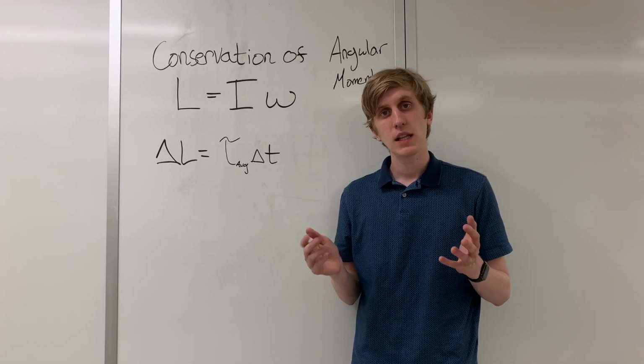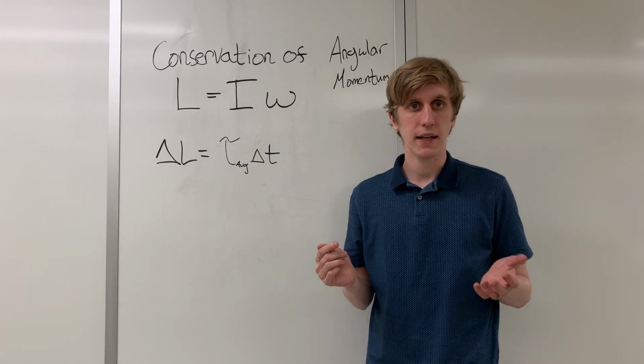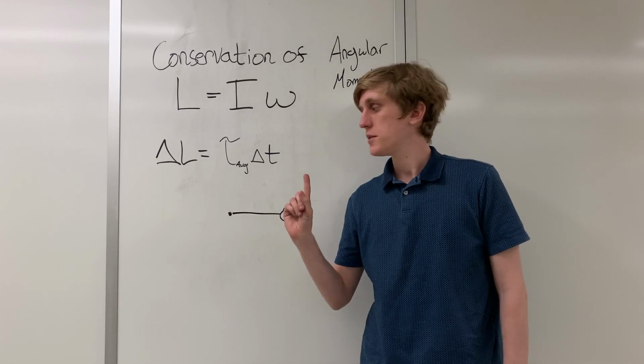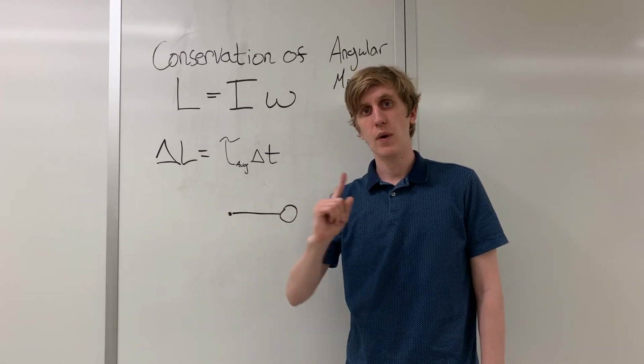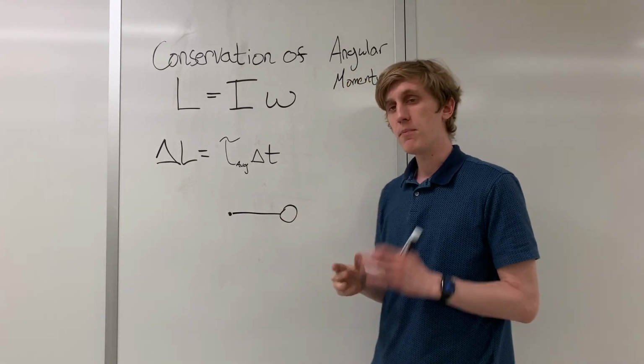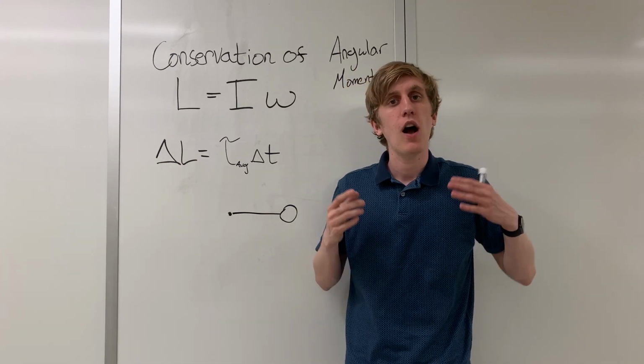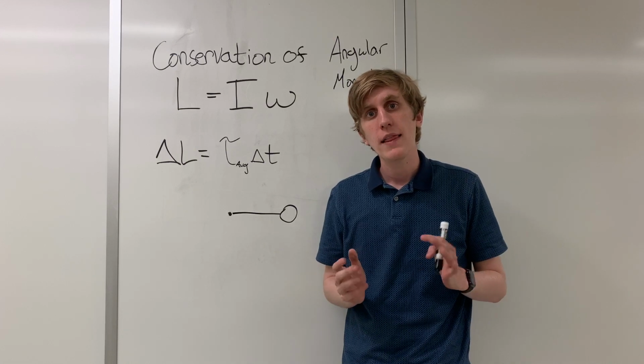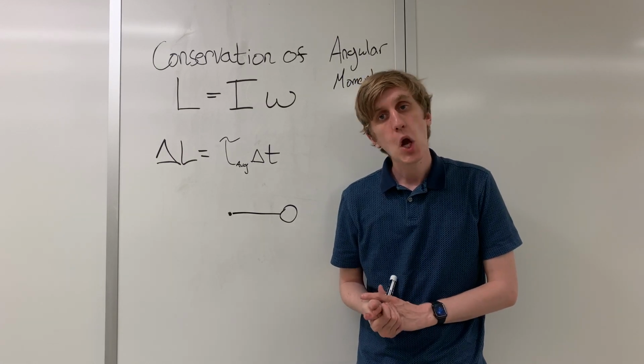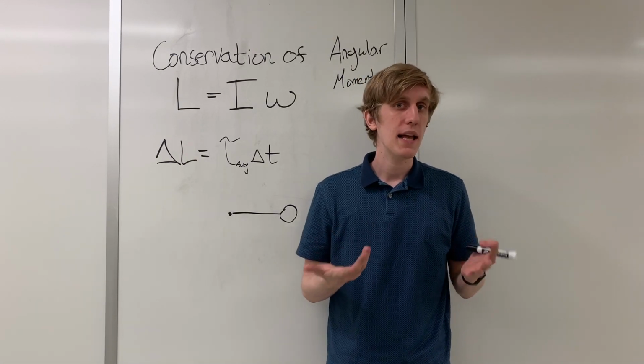As an example, let's just imagine a ball on a string. Let's imagine that this ball is rotating this way. What is its moment of inertia? We can assume that the moment of inertia of the string is so small that we don't need to care about it. We can basically treat the ball as a point mass.